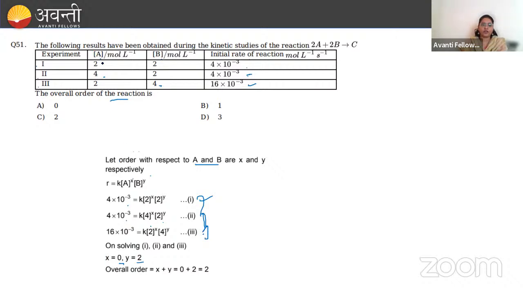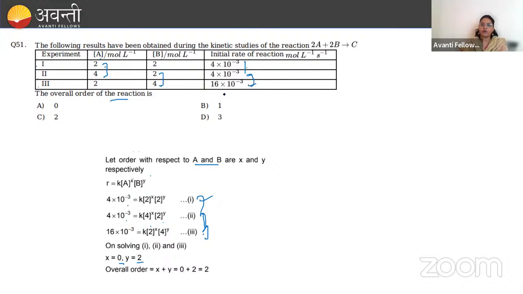So in the first case, what was happening? Even though you double the concentration of reactant A, there is no change in the initial rate. So the rate is independent of the concentration of A, and with respect to A the reaction is zero order. But with respect to B, when you double the concentration, the rate becomes 4 times.